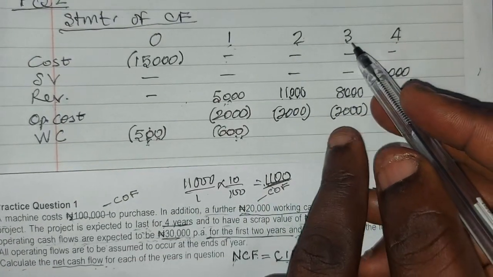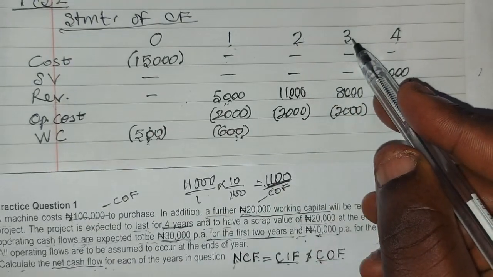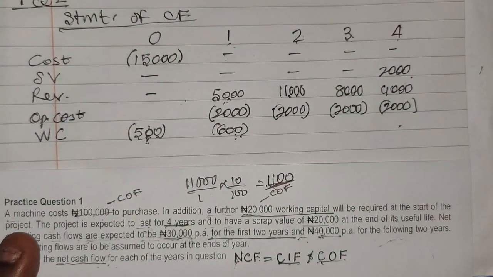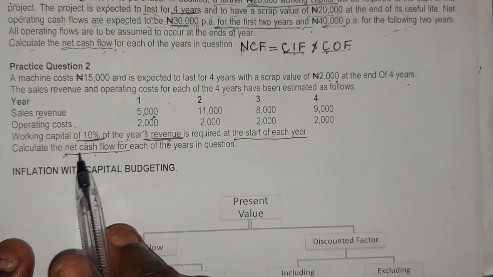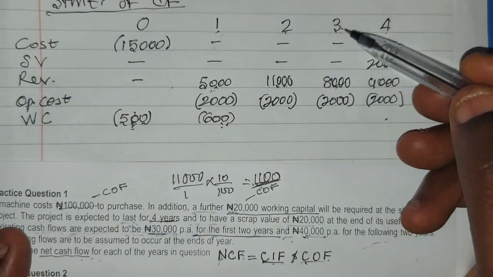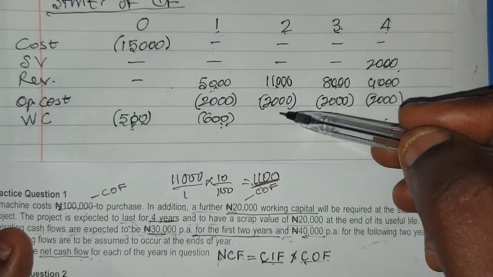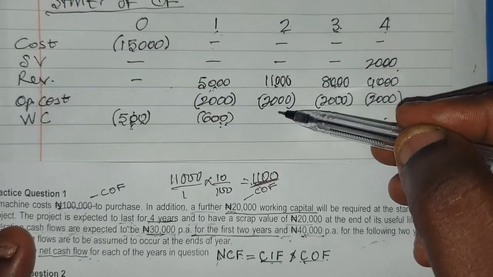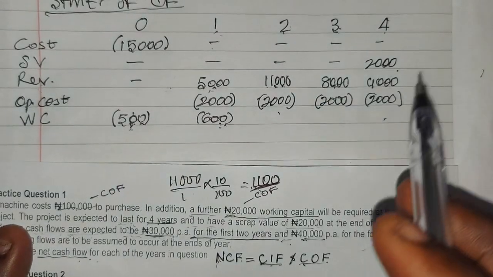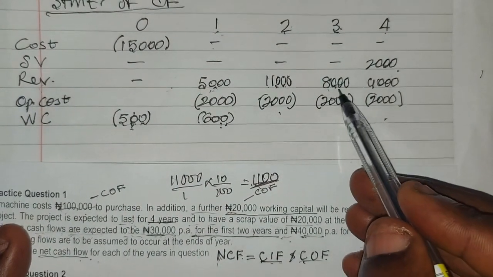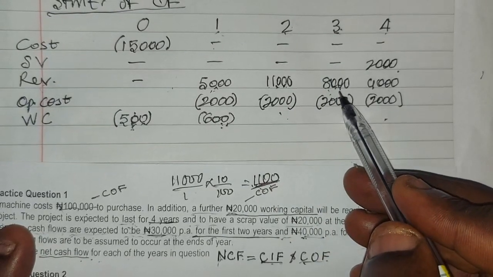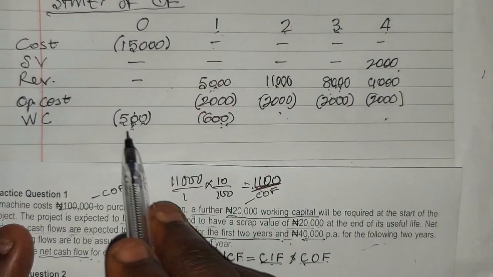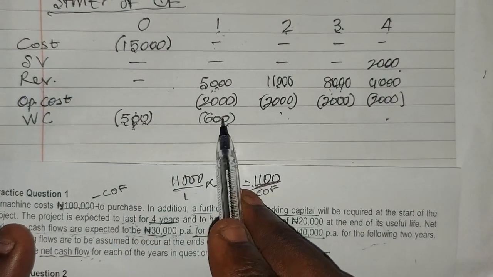Now the working capital needed for year 3, according to the question, must always be 10% of the year's revenue. What we need in year 3 must have been invested in year 2. So we need how much, class? 800. That is 10% of 8,000, that is 10 over 100 times 8,000. But we have already invested 500 plus 600, which is 1,100.